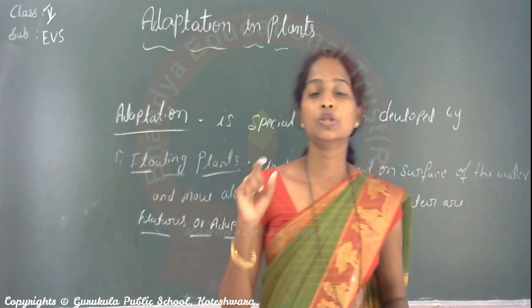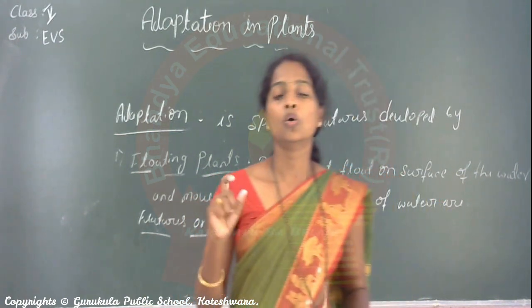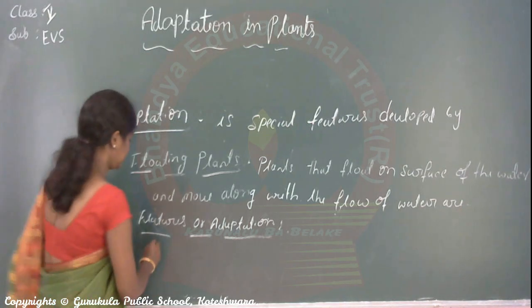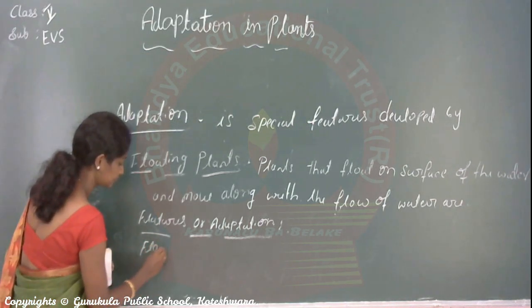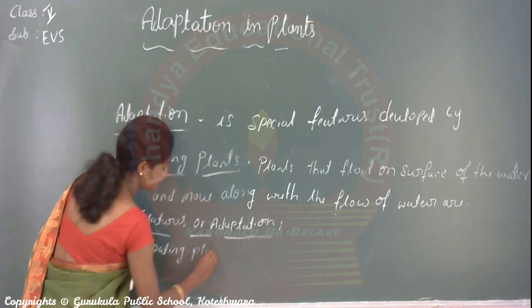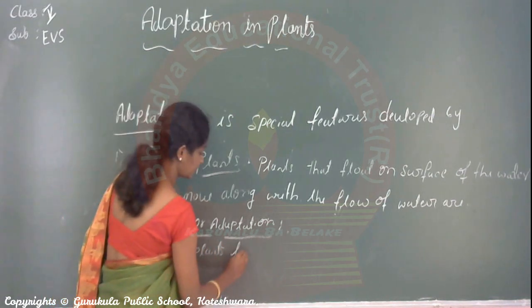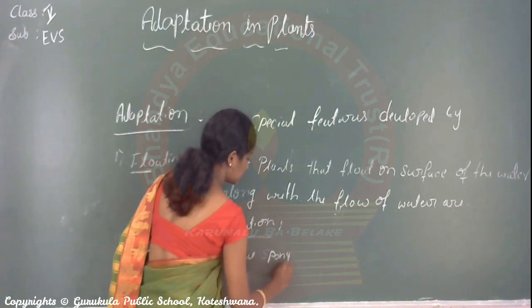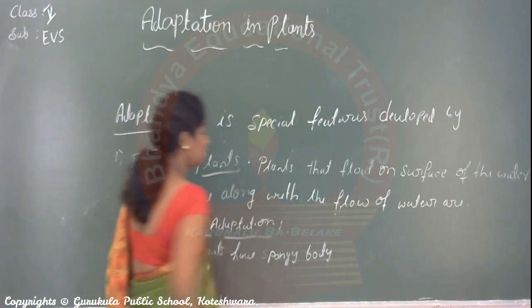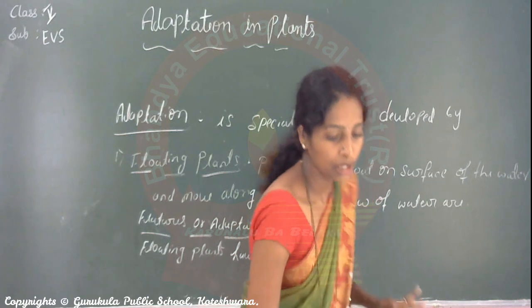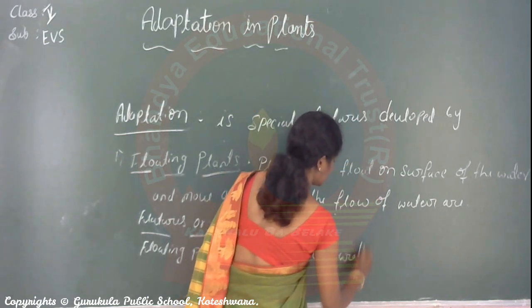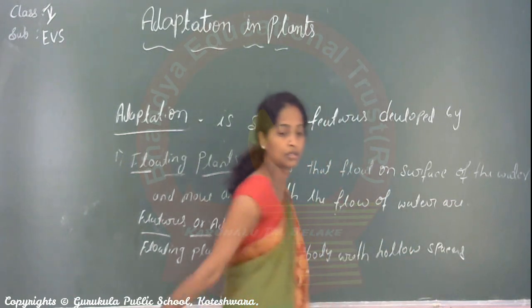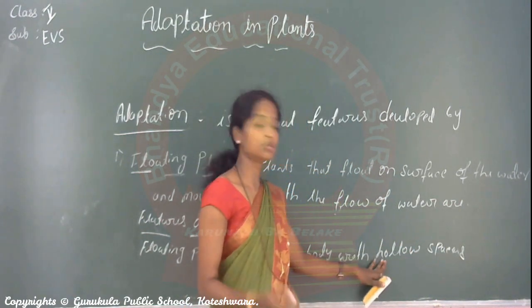Floating plants have a spongy body with hollow spaces filled with air.